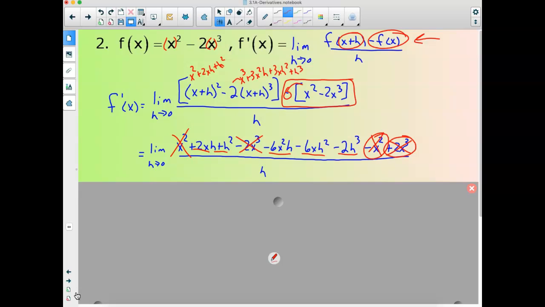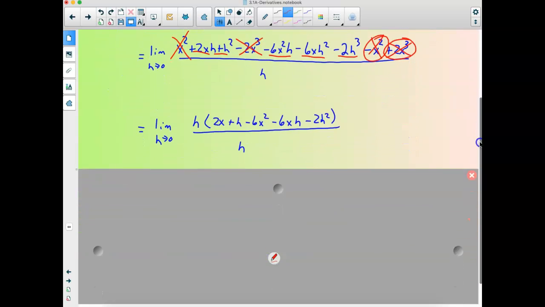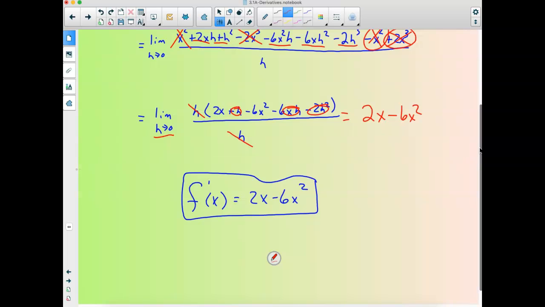So what I do in the next step is factor an h out of each one of those and just pull one h out so that I can go bada bing, bada boom. And what that does is get rid of my 0 over 0. So as I take my limit, when h goes to 0, I know those are gone, and I'm just taking the limit, and it's 2x minus 6x squared. And what that means is, boom, there is my algebraic derivative, okay?